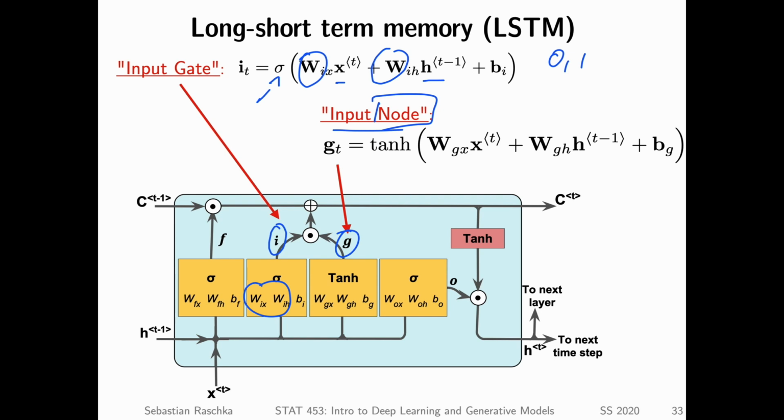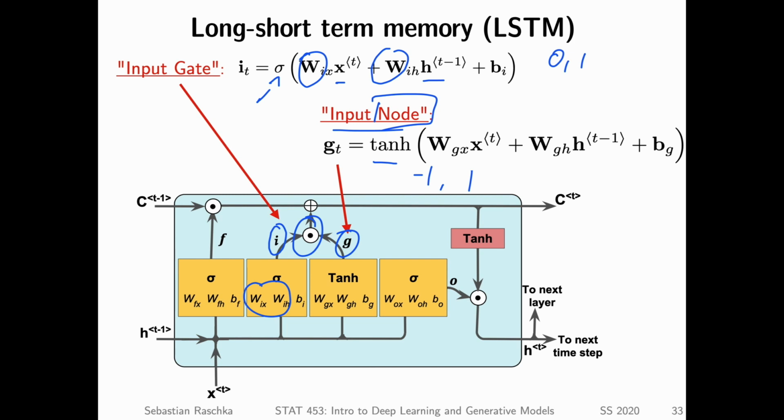In any case, this is also computed very similarly to the input gate or the forget gate, except that we now have a tanh activation instead of a sigmoid activation, and this one can return values between -1 and 1. Okay, one more step is the element-wise multiplication between the two.